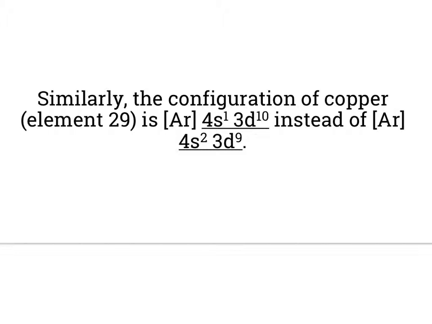This is also where some of the multiple charges come in, because copper can be copper 1+, or I think I've seen copper 2+ before. The 1+ is when it gives away its 4s electron. The 2+ is when it gives away both of its 4s electrons at the same time. The 1+ is, I'm pretty sure, a little bit more common because then its third shell is filled. But that's where the multiple charges come in.